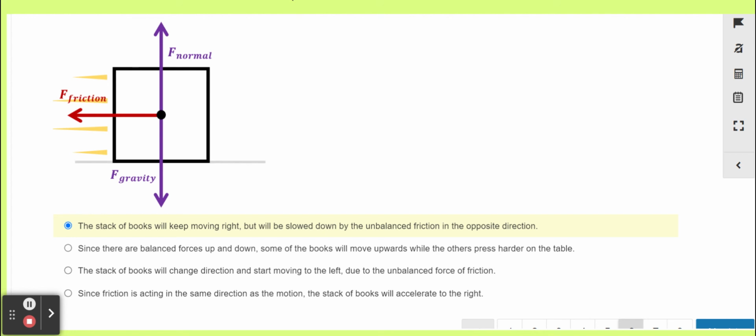So if it slows down the box enough to stop, it's not going to start suddenly moving to the left. It's just going to stop moving. Since there are balanced forces up and down, some of the books will move upwards and others press harder on the table? No, we're going to treat this all as one object. So those balanced forces just mean that we're not going to see a change in motion up or down.